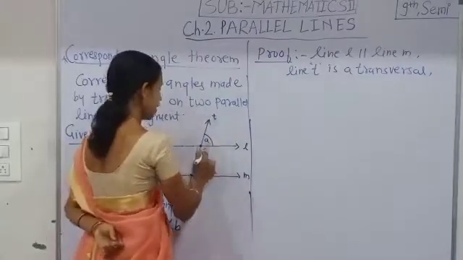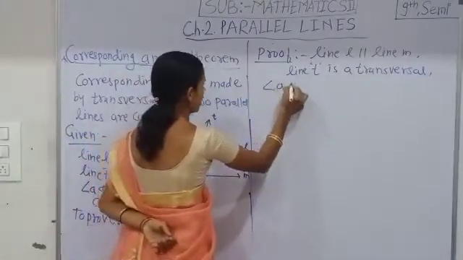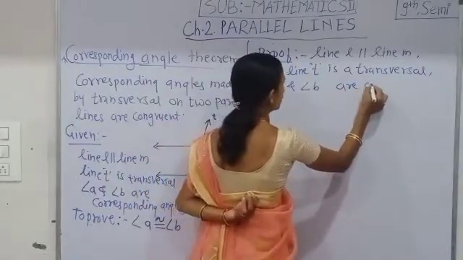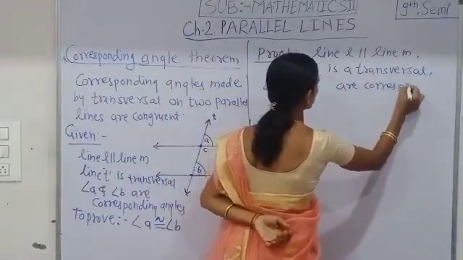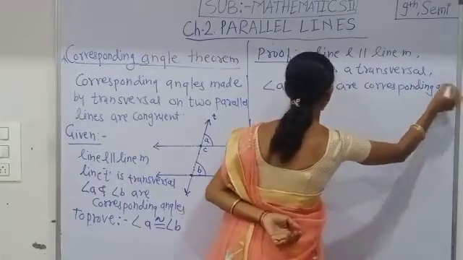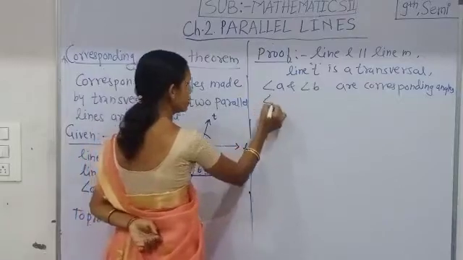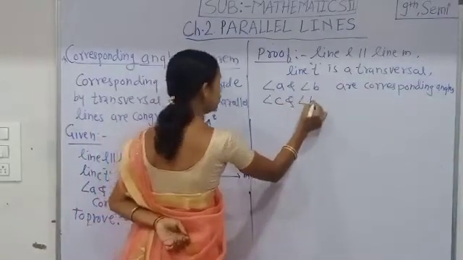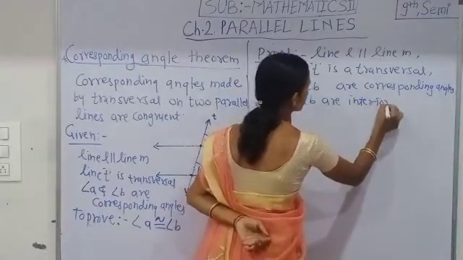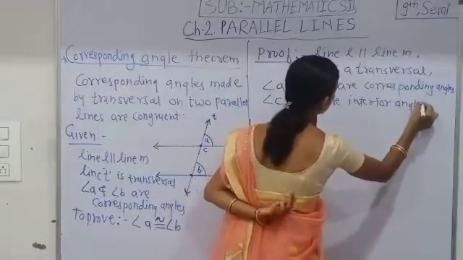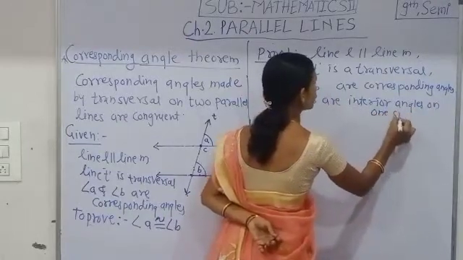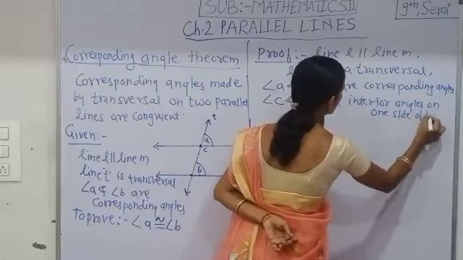Here angle A and angle B are corresponding angles. And angle C and angle B are interior angles on one side of the transversal.